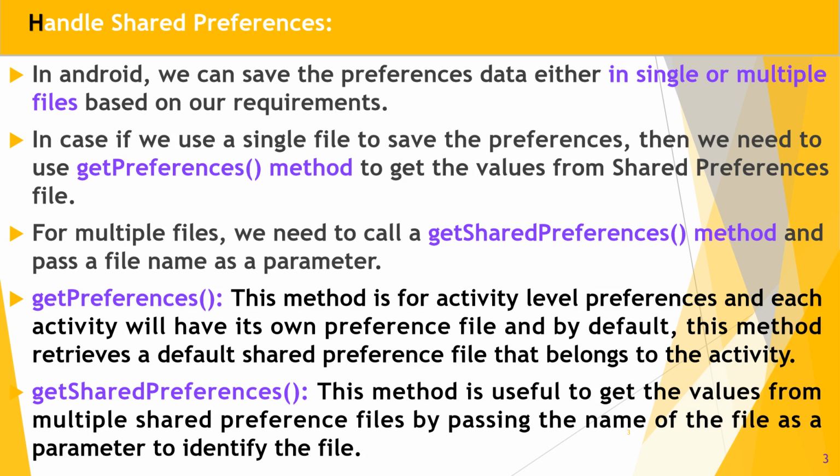We will discuss this in the code part. Hope you understand: getPreferences for single activity level, and getSharedPreferences if we want to save key value pairs in multiple shared preference files, passing the name of the file to identify which file we want to retrieve the data from.